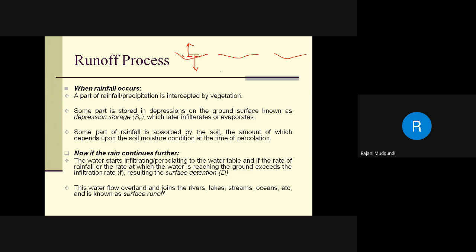Generally, during the first rainfall, more water will get absorbed. If two or three rainfalls have continued, some of the water has been utilized for replenishing the soil moisture deficiency. So the soil from the dry state will turn to a saturated state, or from moist to saturated.